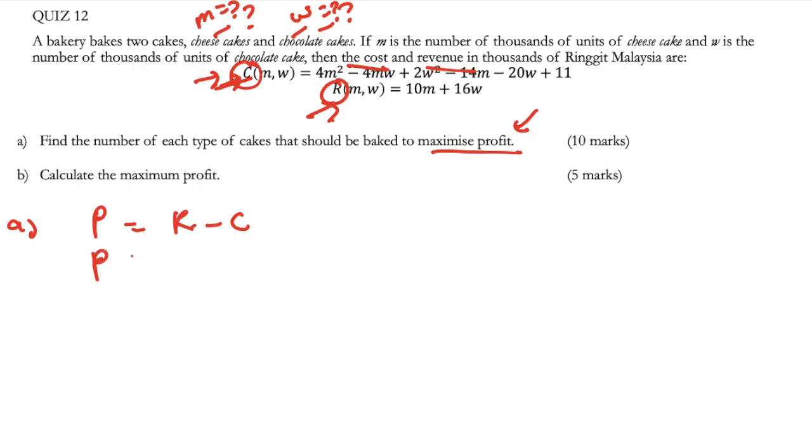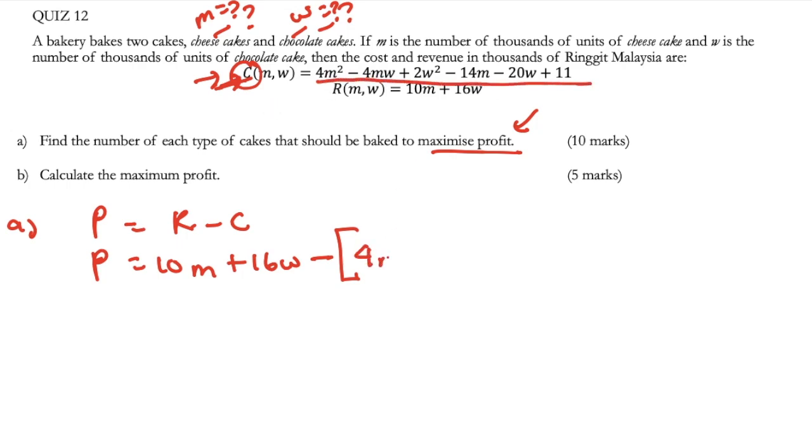So here, P equals revenue. You write revenue, 10M plus 16W, and then you minus, put in bracket, and you rewrite the cost function here as this: 4M² minus 4MW plus 2W² minus 14M minus 20W plus 11.